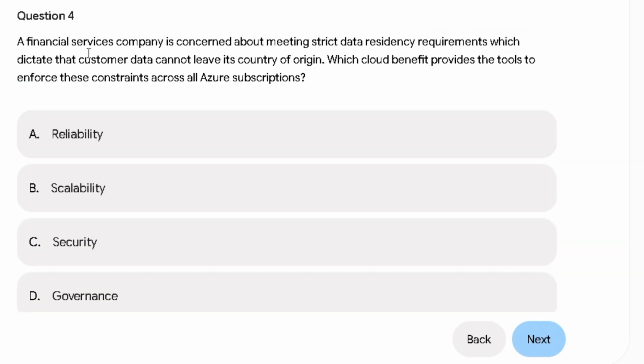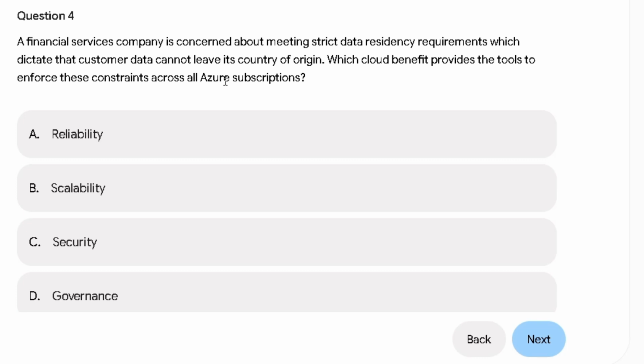Next, question number 4. A financial service company is concerned about meeting strict data residency requirements which dictate that customer data cannot leave its country of origin. Which cloud benefit provides the tools to enforce these constraints across all Azure subscriptions?